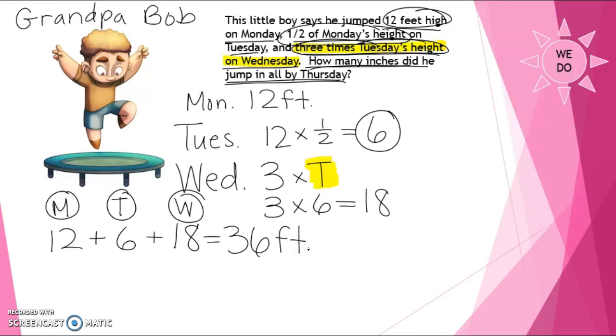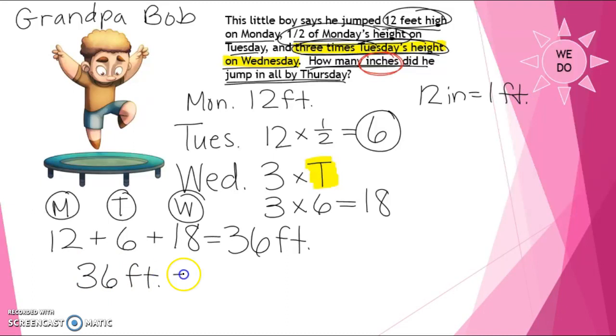But the question said, how many inches? So now we need to convert 36 feet to inches. And we know that there are 12 inches in 1 foot. So we're going to convert 36 feet to blank inches.